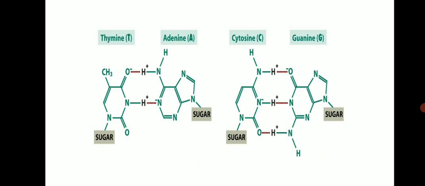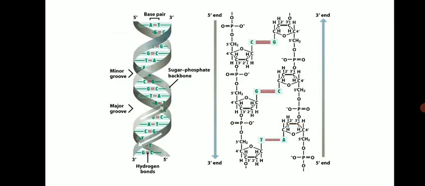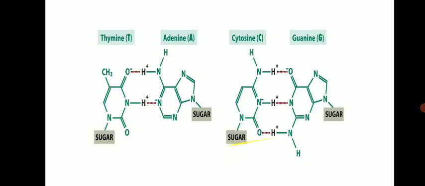When adenine pairs with thymine, they form two hydrogen bonds, and in the case of guanine and cytosine, there are three hydrogen bonds by which they join together. So in this double helical structure, the nitrogen bases are joined by hydrogen bonds, and this double helical structure is the main theme behind all these techniques and the hybridization principle.